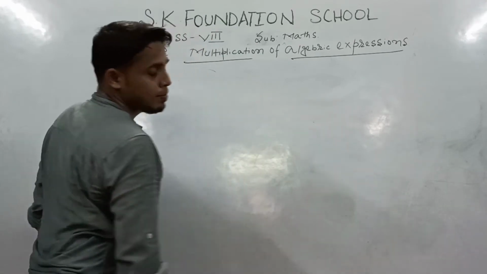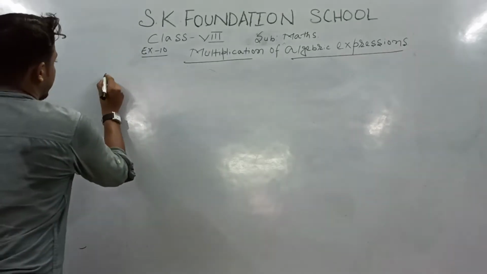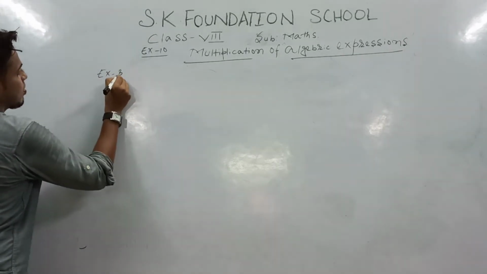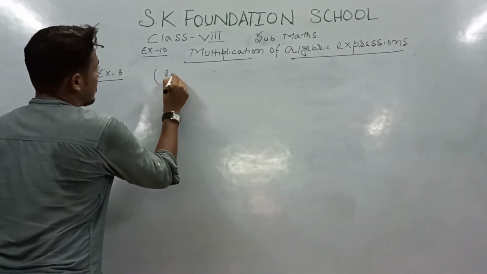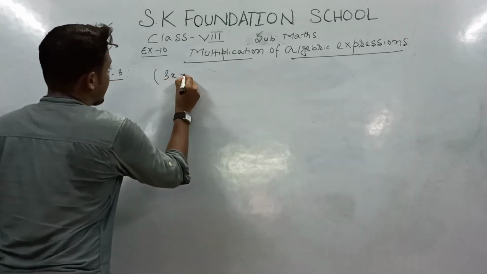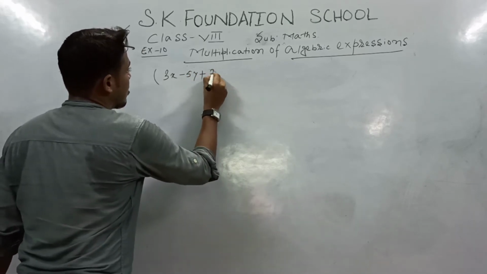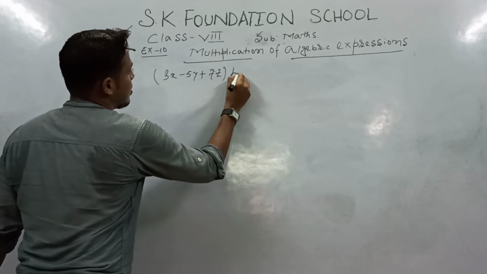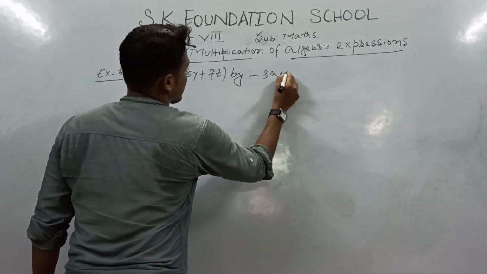Now come to example number 3. (3x minus 5y plus 7z) by minus 3xyz.